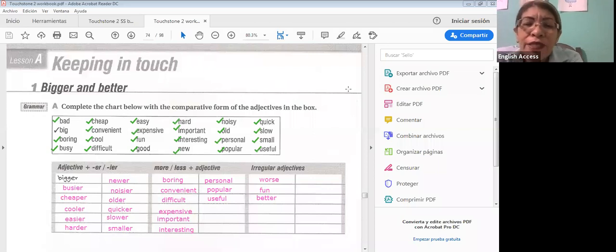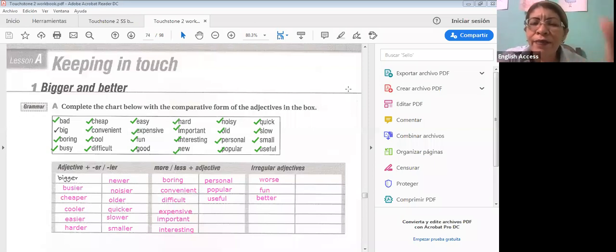But before we continue with the rest of the homework, let's do an exercise. Remember, we learn how to use comparatives, as the name says, in order to compare things, animals, situations, people, etc. For example, let's use difficult.